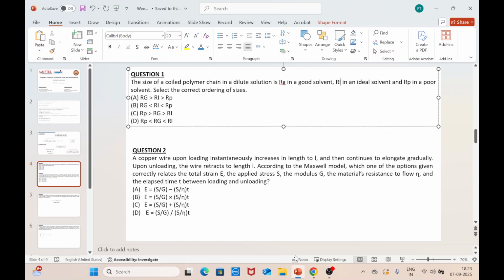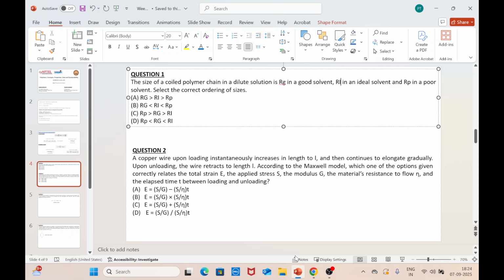So Rg is a good solvent. Rp is going to be a poor solvent. Last session it was discussed that in case of a poor solvent, the polymer chains will tend to agglomerate, and then they will settle down in the solvent as aggregates. So when they coil even more and form aggregates, the size of the polymer chain is going to decrease.